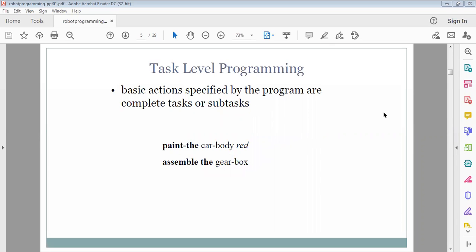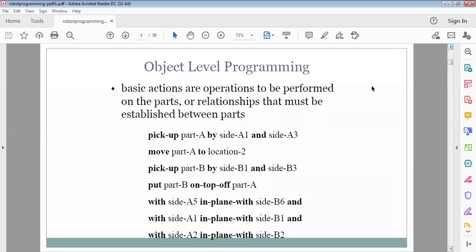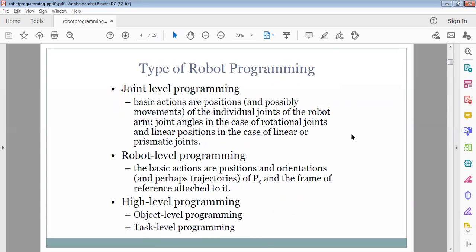Once again, let us look at the types of programming. There are broadly 3 levels of programming. The first is joint level programming, in which the basic actions considered are positions of the individual joints. Then robot level programming, in which the basic action to consider is the position and orientation of the end effector.